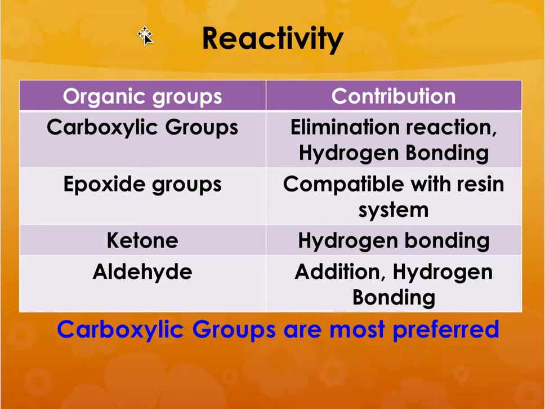The reactivity is because of the organic groups, and they contribute to the reaction with the matrix resin molecules. The biggest contribution is from the carboxylic groups in graphene oxide.